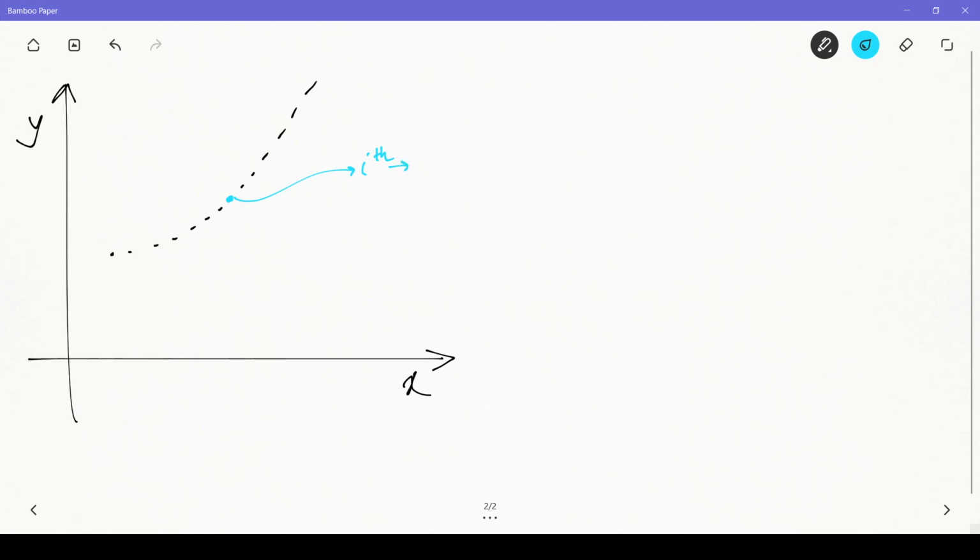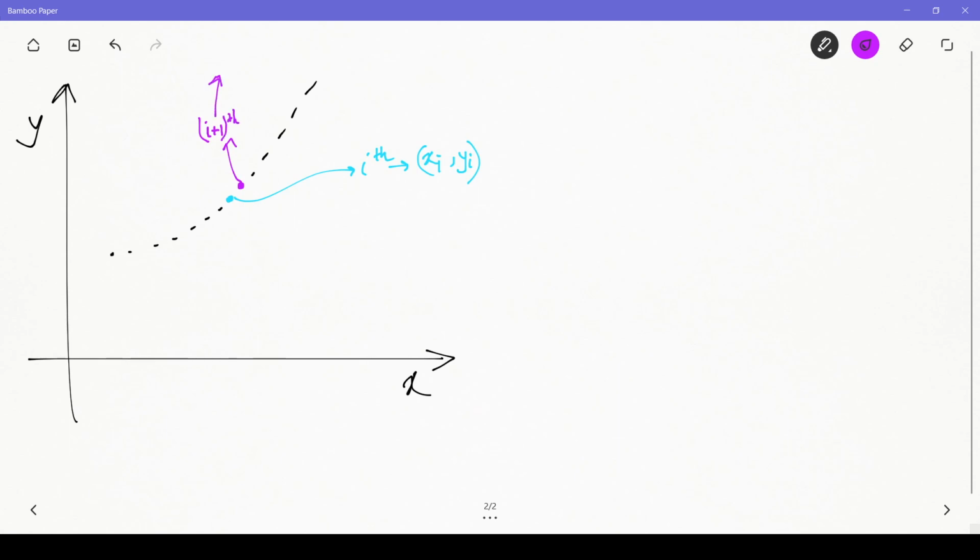Let's denote it using the coordinate x sub i comma y sub i, where x is the value of my independent variable and y is my functional value. The point after the ith point is of course the i plus 1th point.